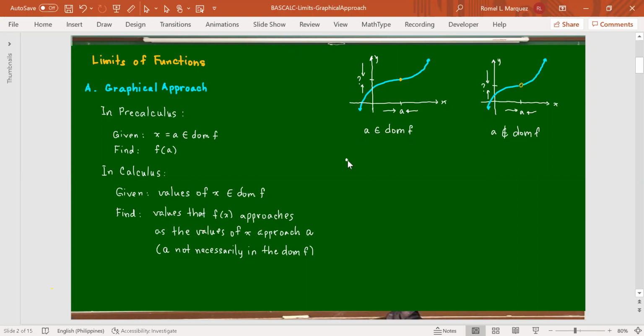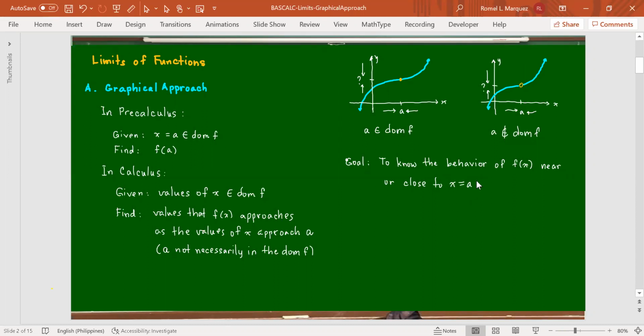So our goal is to know the behavior of f of x near or close to x equals a. Okay, guys?